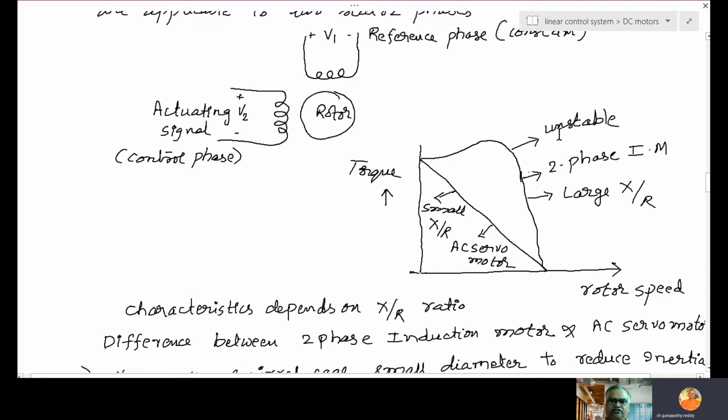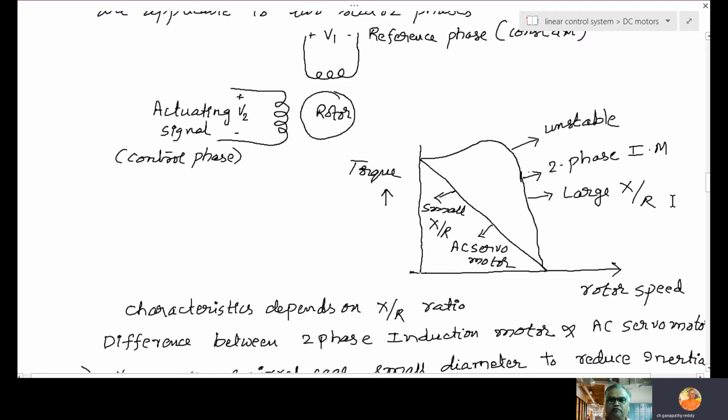That is an unstable system. It is unstable because of the large X by R ratio. That winding reactance to winding resistance ratio is large, therefore its characteristics become like this. That's why we are not using the two-phase induction motor for control system applications, because we are looking for a stable system.